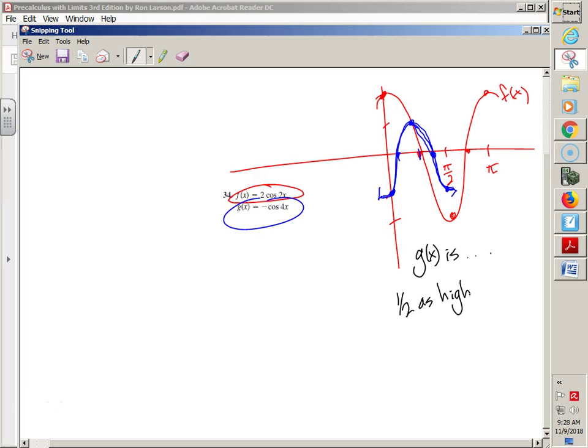He's half as high. I can see that he's reflected across the x-axis, a reflection. This guy started up, that guy started down. They both have a sinusoidal axis of 0. They're both cosine curves. I don't say that that's what's different, but there's one more thing that's different. This guy took pi to complete, and this guy only took half pi.